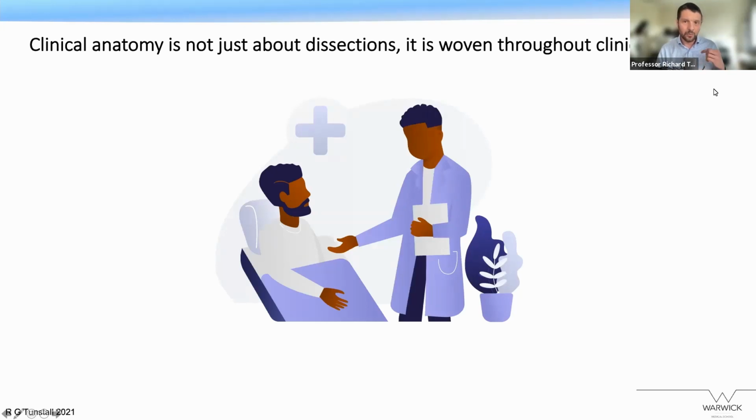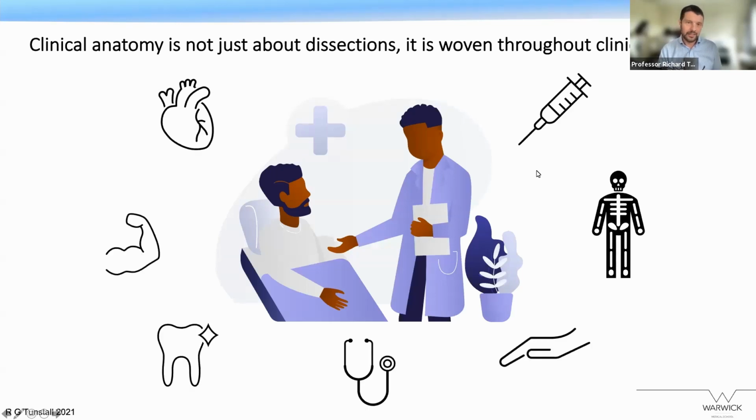Clinical anatomy is woven throughout clinical or medical practice. Think about this. If you're doing an ECG on a patient, you need to know your anatomy. If you're examining the musculoskeletal system, if you're palpating a patient, if you're inspecting a patient, if you're listening to a patient's heart, if you're looking at a medical image or carrying out a medical procedure, all of these involve a knowledge of clinical anatomy.